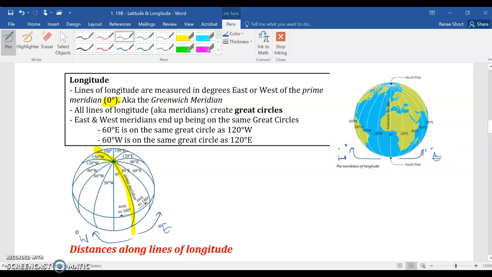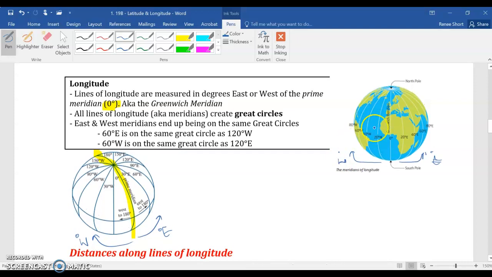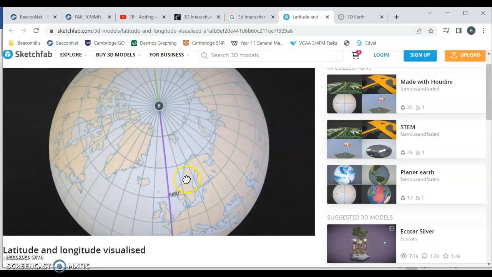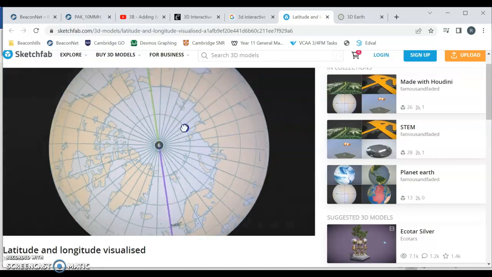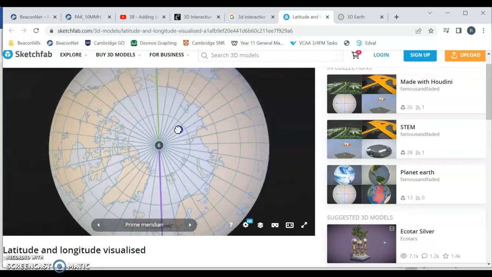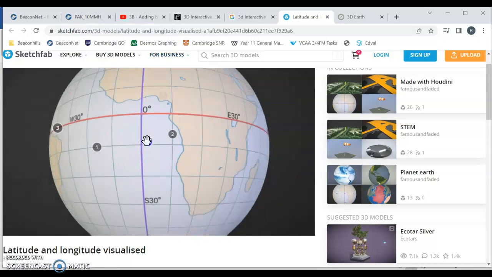Those lines of longitude wrap the whole way around the Earth. So the 0 degrees Greenwich meridian would wrap all the way around to be that 180. If I went vertically above the globe, can you see this purple line becomes that 180 line on the other side? It won't let me flip it the whole way around.